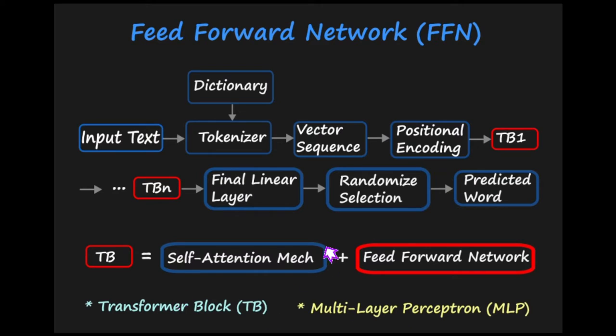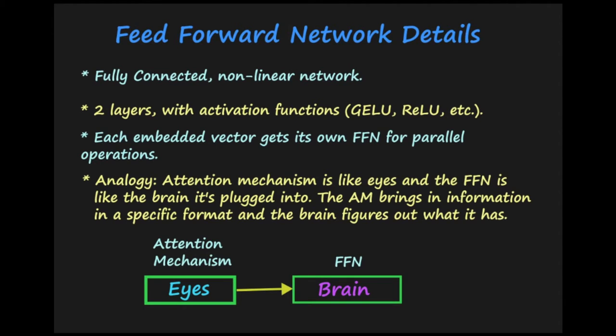Okay, the self-attention mechanism is unique to the decoder model, whereas the feed-forward network is common across all models. So that's an interesting difference between the two. Now the next one is the feed-forward net.